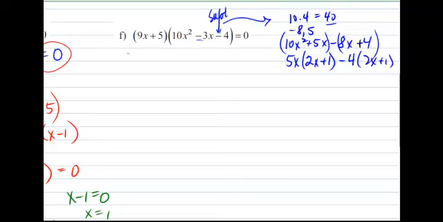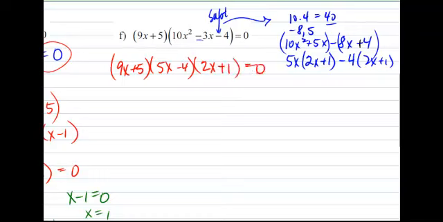Okay, so now I'm going to come back over and combine this. I have 9x plus 5 from the original equation, a 5x minus 4, and a 2x plus 1. All of that is equal to 0.